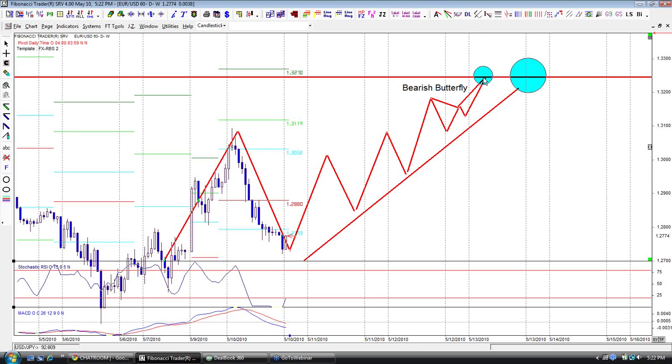So this is where I would be looking for a butterfly. Now, if I see a butterfly somewhere here, now the market formed a butterfly, but this butterfly is, I can say, in the middle of nowhere, and nothing can back that butterfly.